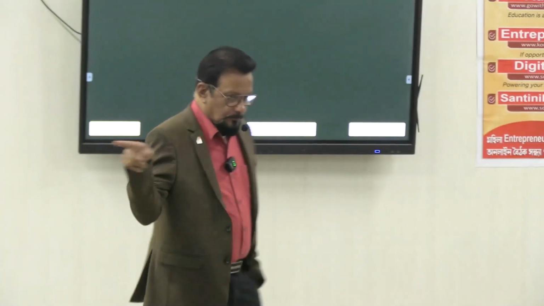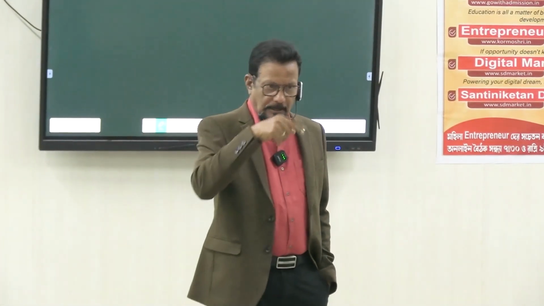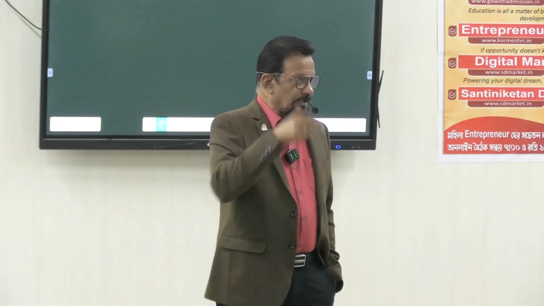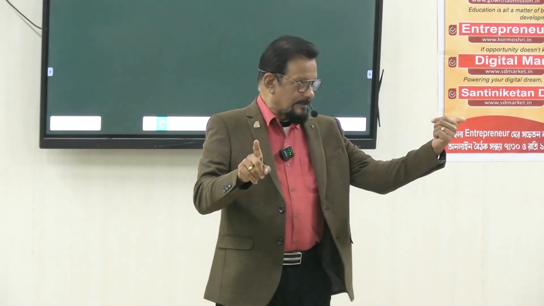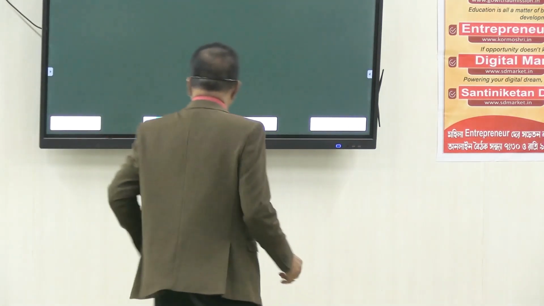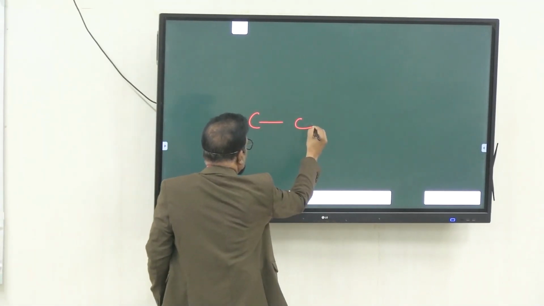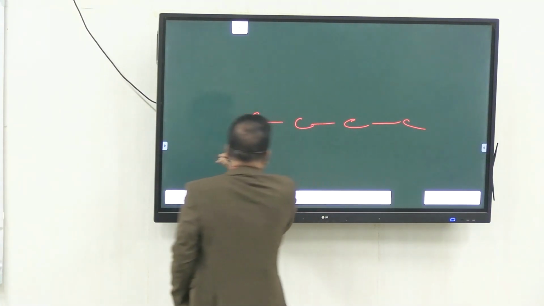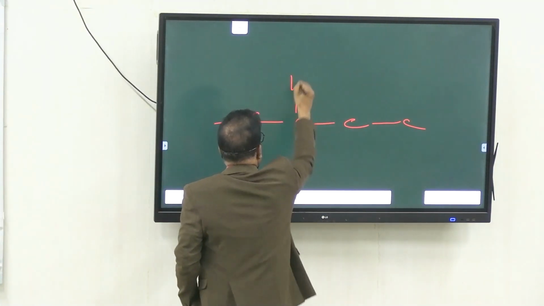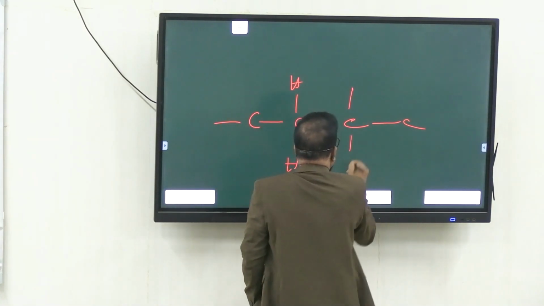We can also classify them as saturated and unsaturated. In the hydrocarbon chain, the carbons are all CH2, CH2, CH2. Suppose this is one carbon with hydrogen atoms, and another bond is linked to another carbon, and so on.